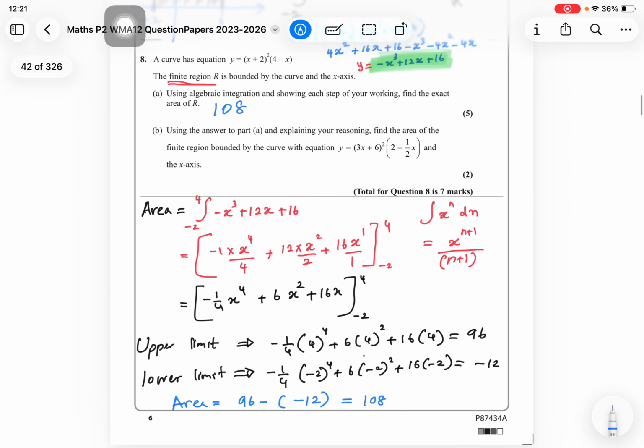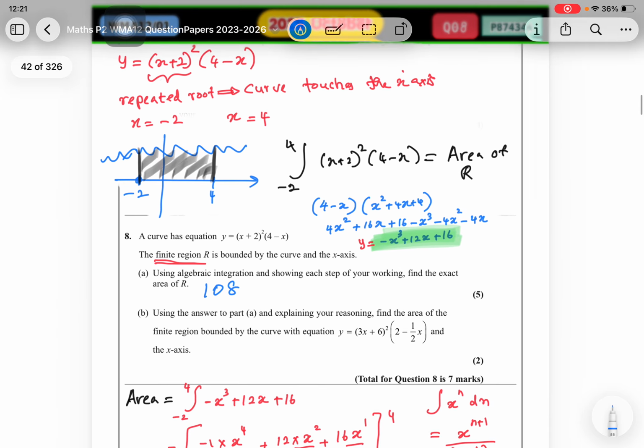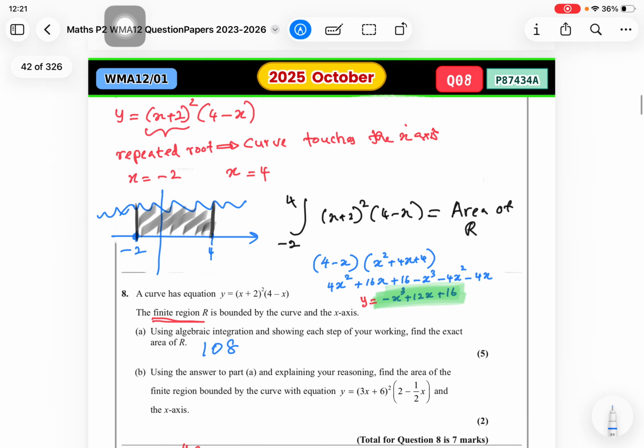Okay, this is clear. Now we have to check the B part: using the answer in A and explaining your reasoning, find the area of the region bounded by this one. Now this is slightly different.